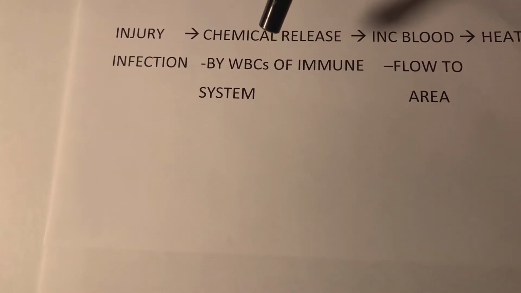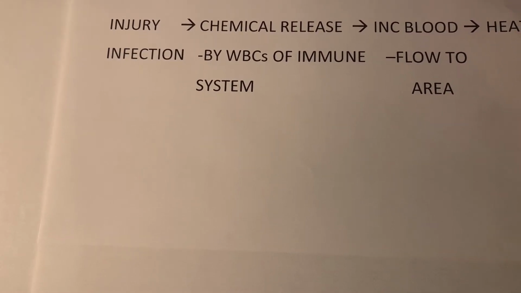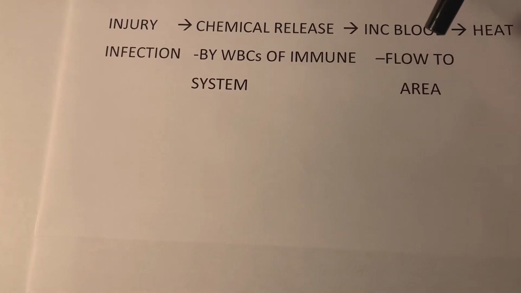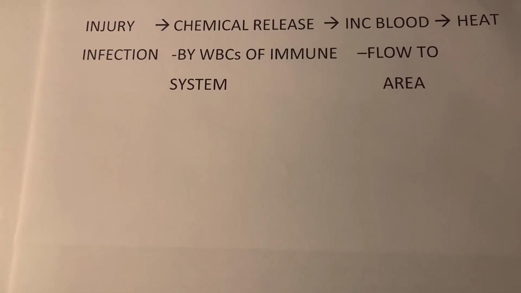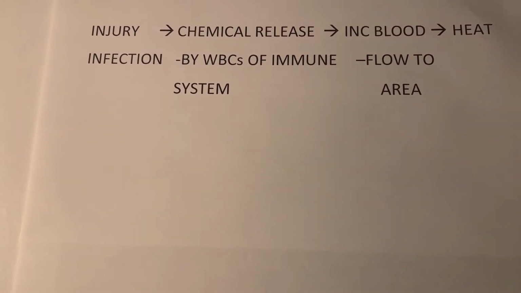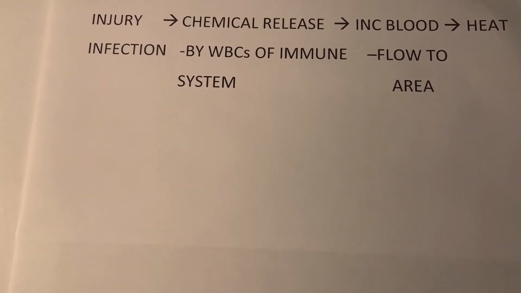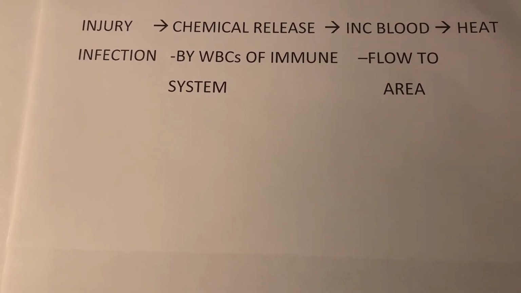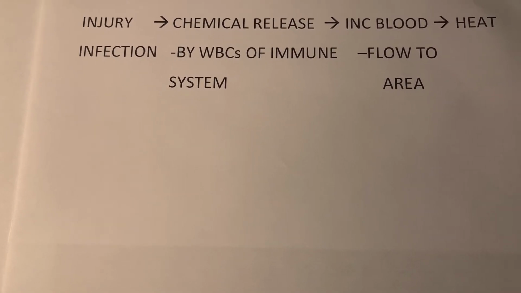So these chemicals are released into the system, and then they result in localized increased blood flow to the area to protect the injured tissues, and that localized blood flow is felt as heat. They also release other chemicals known as heat shock proteins, and those heat shock proteins boost this immune response even further. So let's look at a couple of examples using the thermal camera.